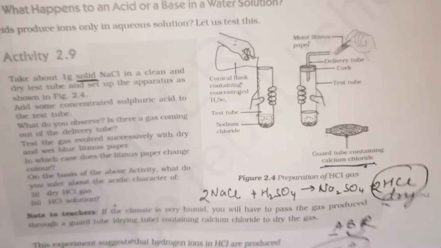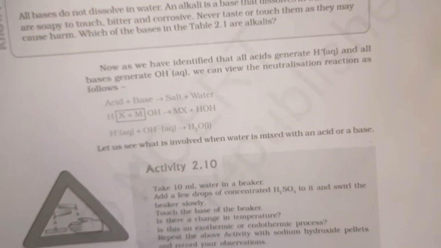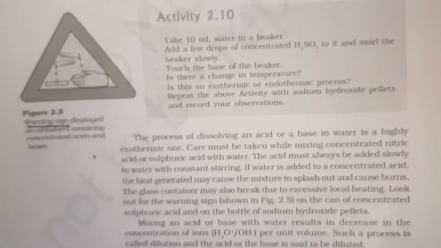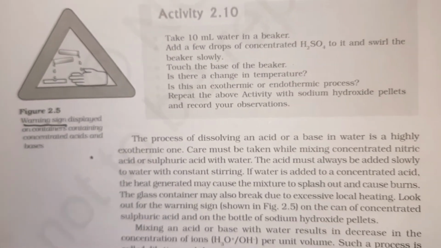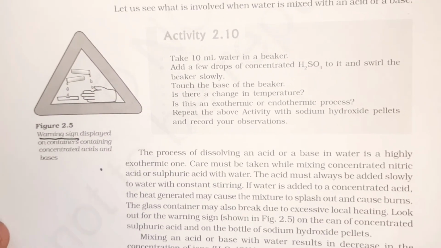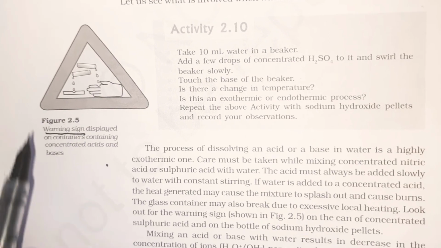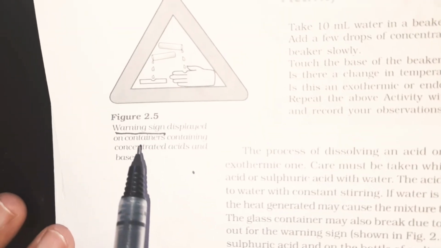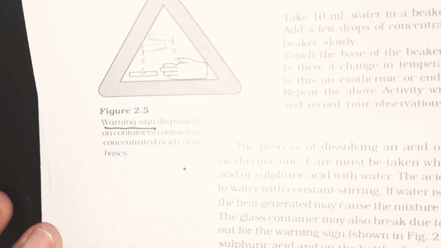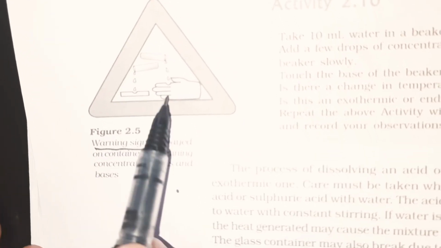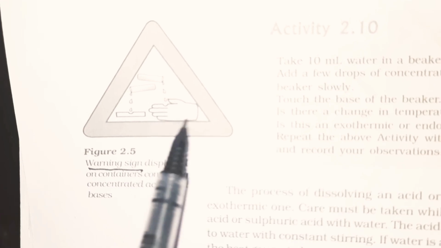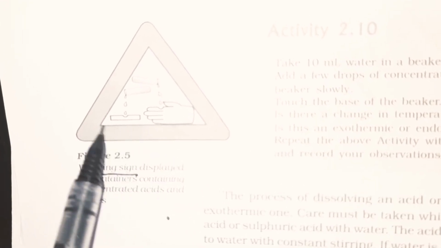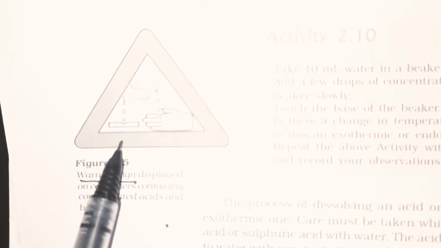Now, moving ahead to activity 2.10. This activity is about diluting a concentrated sulfuric acid solution. Let us first of all see this warning signal, figure 2.5. It shows that when it is dropped onto hand or onto paper or any cloth, it burns.